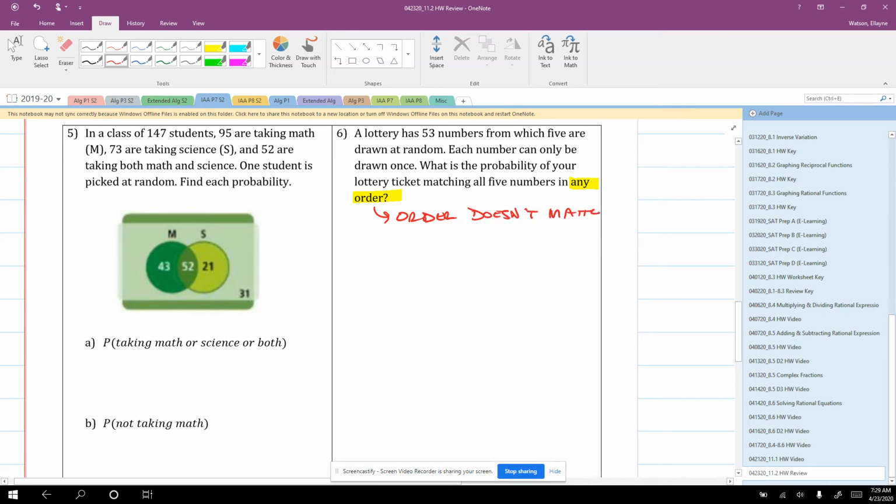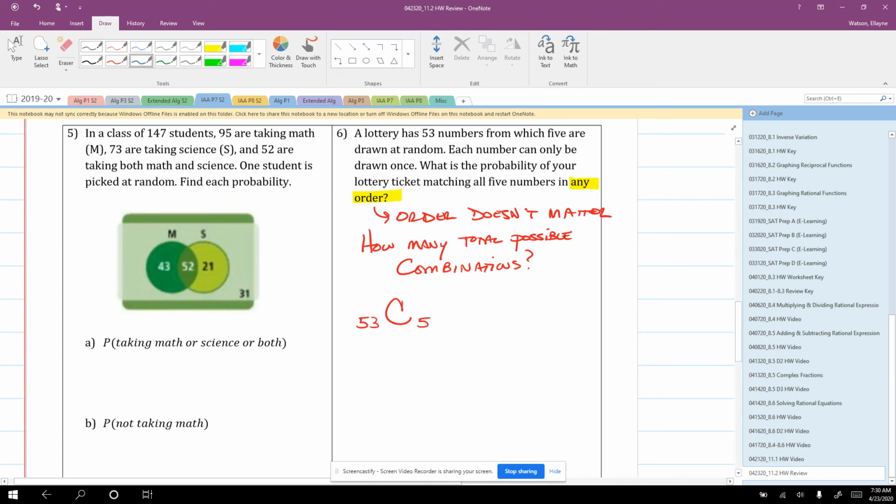Okay, so we need to find how many total possible combinations. What are we choosing from? Order doesn't matter, so it's going to be a combination. How many total numbers are in the pool? 53. And how many of those 53 are getting picked? 5, right?